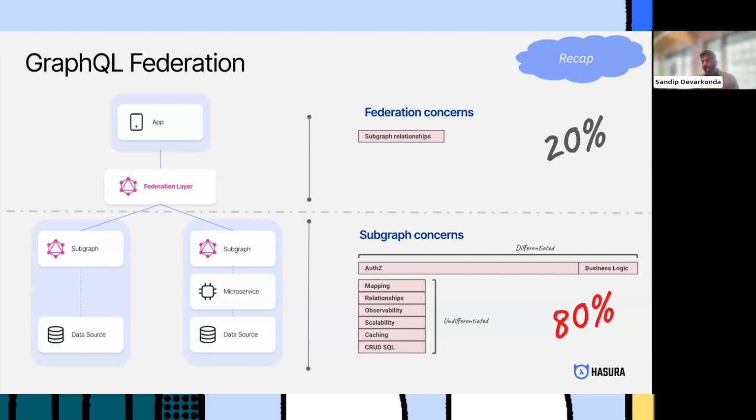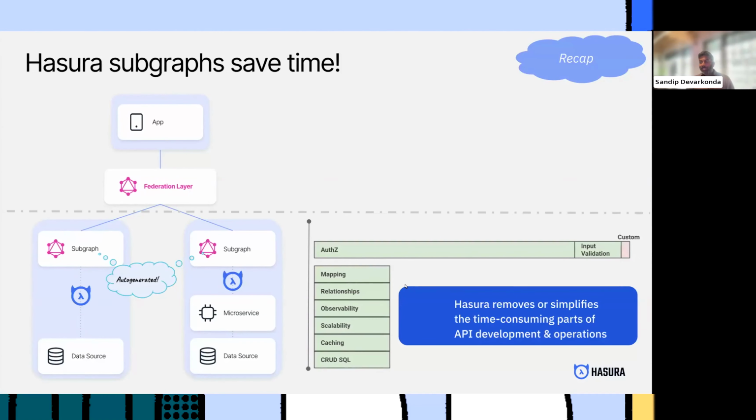And what Hasura does is help out folks who are starting their GraphQL journey, or people who have done one iteration down this journey of federation, and people who are looking to optimize that even further. So what Hasura does is it takes the undifferentiated work that goes into building a subgraph or writing a microservice, the operational effort, so to say, and automates that, right?